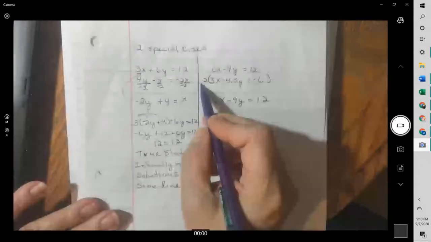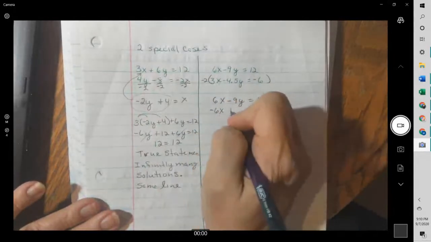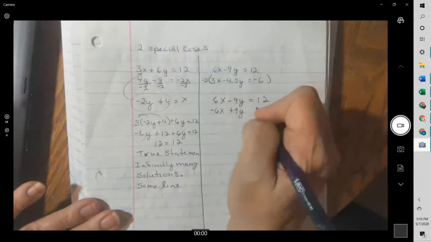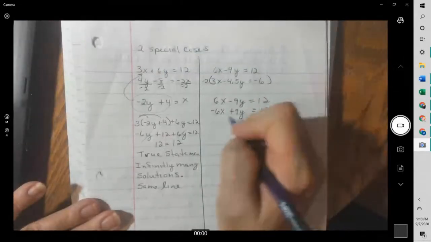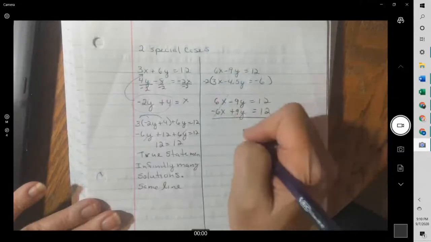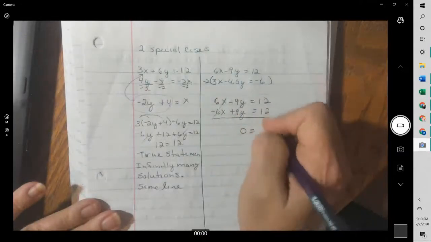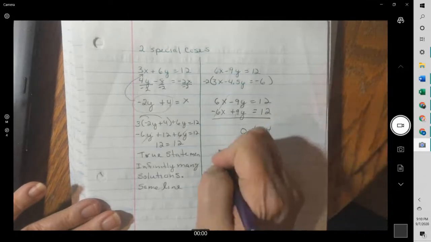Now when I multiply by the -2, I get a -6x, a plus 9y equal to a positive 12. So this drops out and this drops out and leaves 0 equal to 24, which is not true.